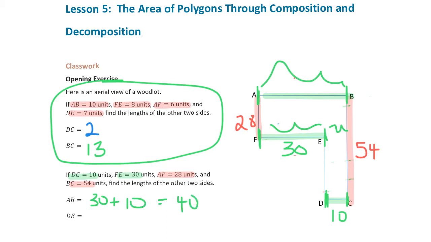Then for the other one, it asked me to find DE. I'm being asked to find this measurement right here. So this right here is the total of this plus this. In order to get that measurement, I'm going to take 54 and subtract 28. And when I do 54 minus 28, I get 26.